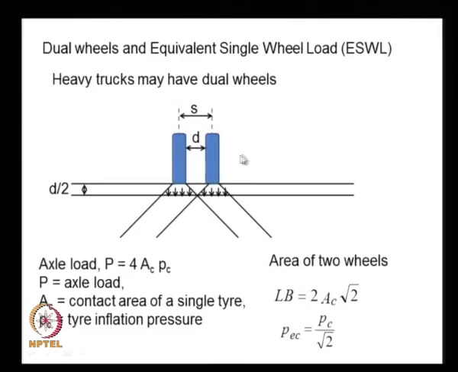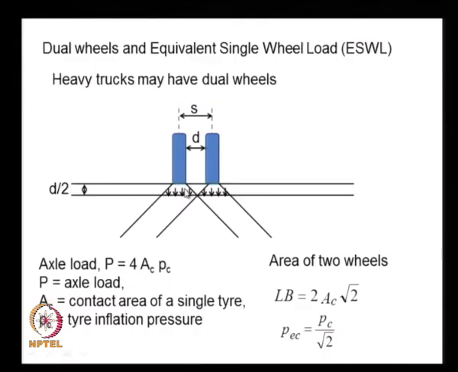And because we have the 2 wheels close together, we need to do some empirical calculations. If we assume that the load spreading below each wheel is something like this, within a shallow depth of, let us say, d by 2 below the surface, we can assume that the tire pressures are independent of each other, and the pressure is simply Pc.